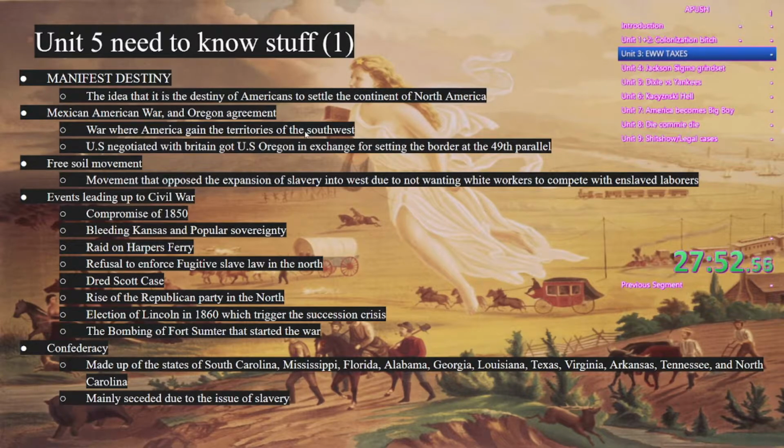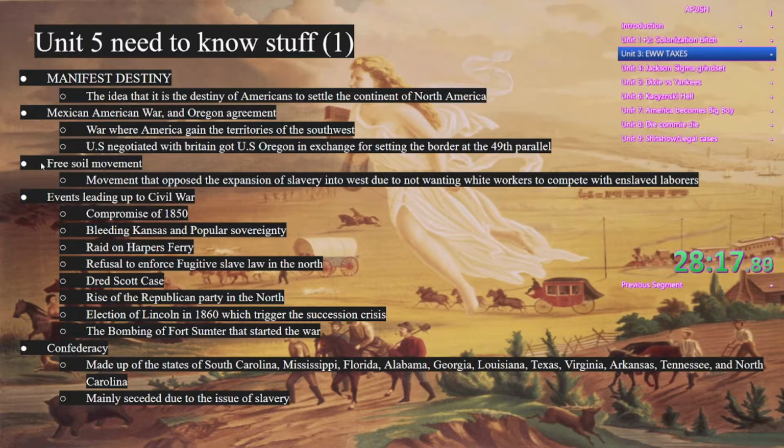So that would be California, Arizona, Nevada, New Mexico, etc. The U.S. also got the Oregon Territory from Britain, which was basically most of the U.S. Northwest, in exchange for settling the border at the 49th parallel, which was basically the modern U.S.-Canadian border.